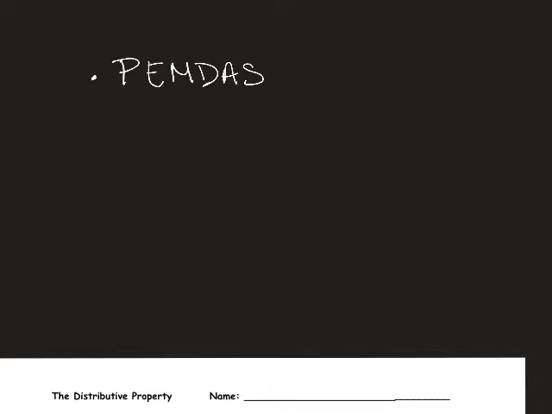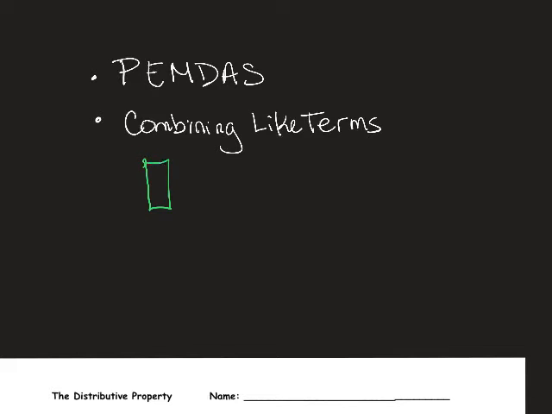Next, we got out the algebra tiles and we talked about combining like terms. We saw that when we had the green rectangles that represented x's, we could add up all the x's, and when we had the yellow tiles, we could add up all the units together.